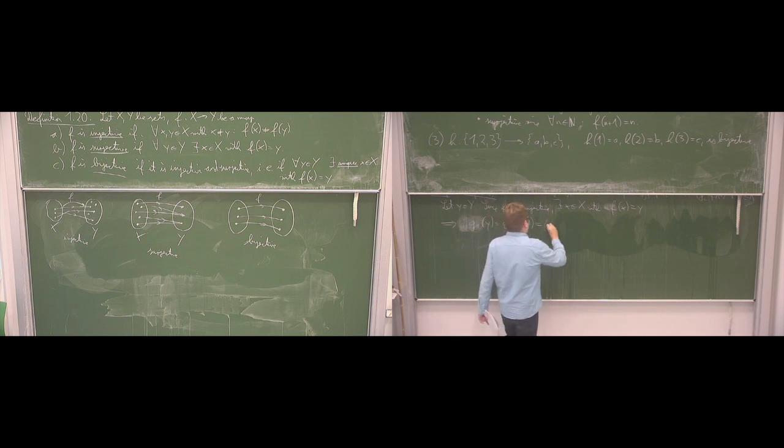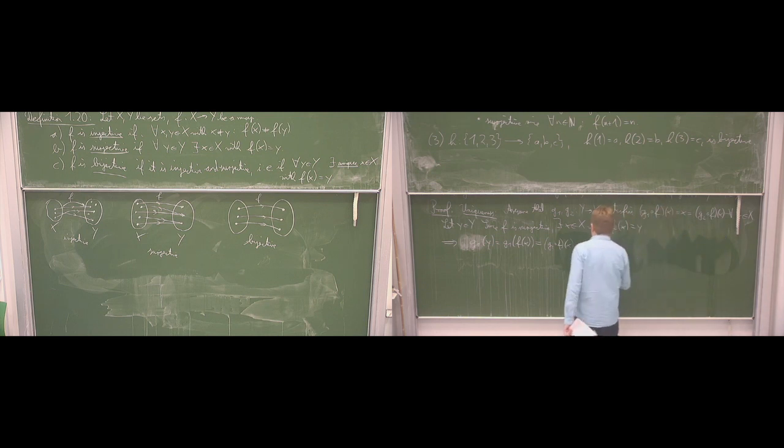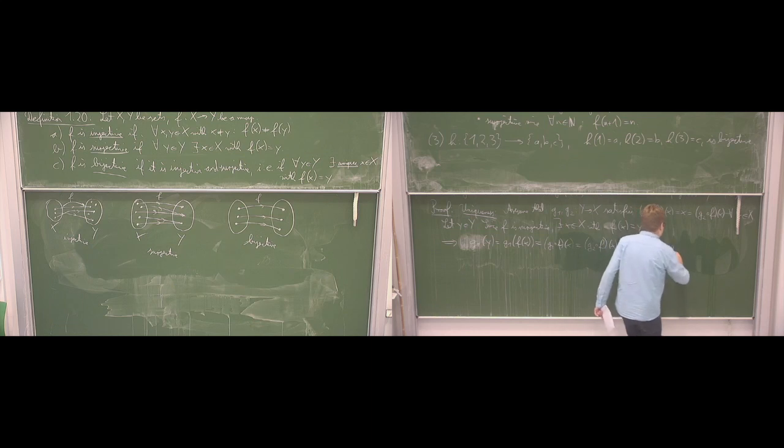This we can write in this composition notation as g1 circle f of x. But by assumption, this now coincides with g2 circle f of x. And now we go the other way around. This is the same as g2 of f of x. And this is, of course, the same as g2 of y.